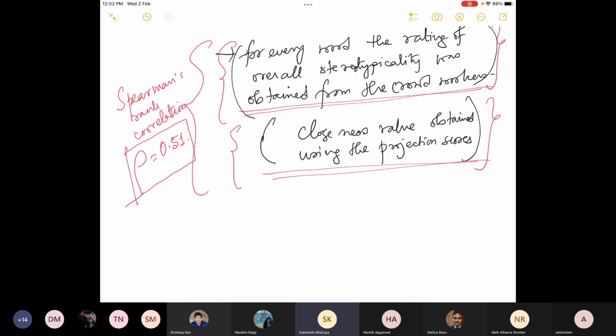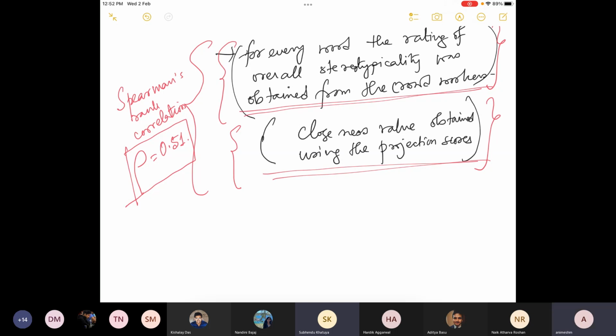What do you think? No idea? Is this low?